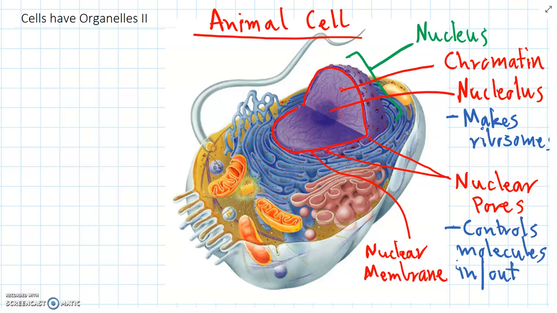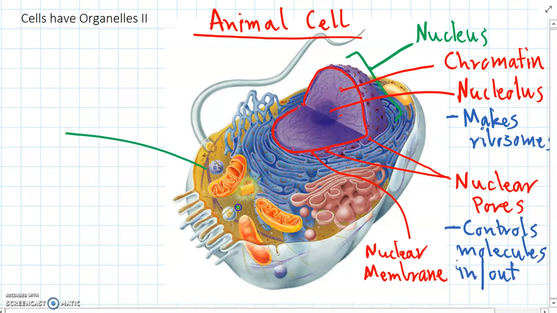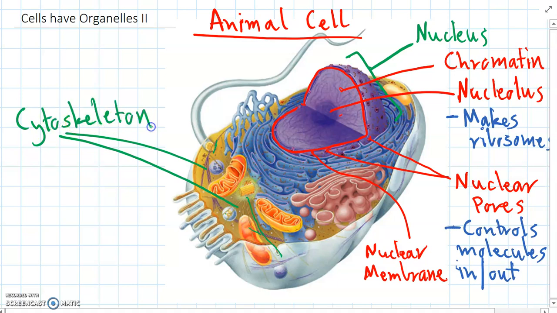Next, we've got a region which really runs throughout all the cell, and you can see these long fibers down along the side here. This is called the cytoskeleton. And think of it just like the skeleton of an animal. It's made of really tough molecules and strong ones that help the cell to keep its shape.